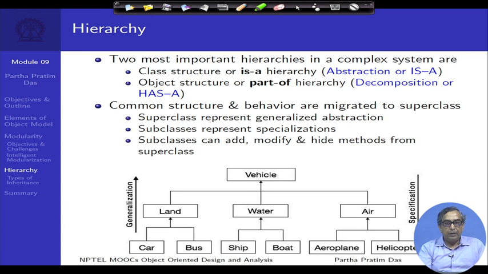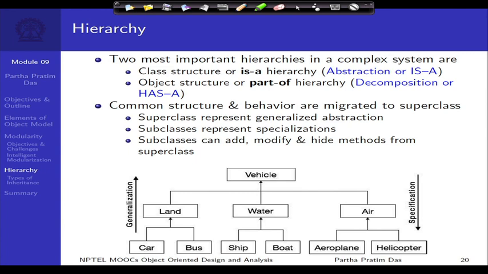You have already had some glimpses of this when we talked about the canonical form of complex systems. We exposed you to 2 orthogonal hierarchies that are most important for complex systems: the hierarchy of class structures, which is typically called the abstraction hierarchy or is a hierarchy, and the hierarchy of object structure, which is called the part of or decomposition hierarchy or has a hierarchy.